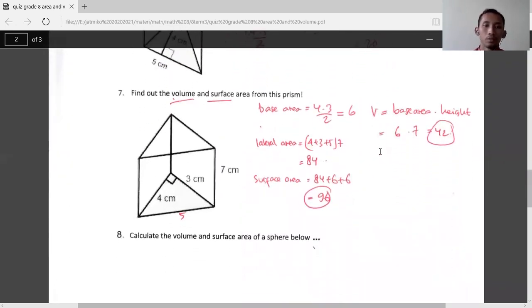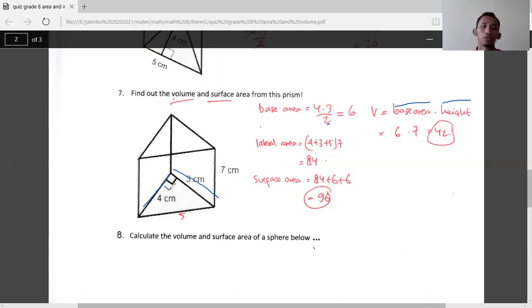We move to number 7. Again, this is about prism. This is for A and this is for B. Volume and surface area. Volume of a prism is base area times height. Base area, because this is a triangle, is 4 times 3 divided by 2.